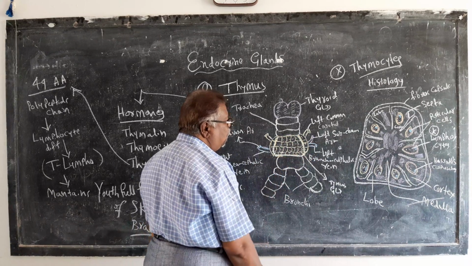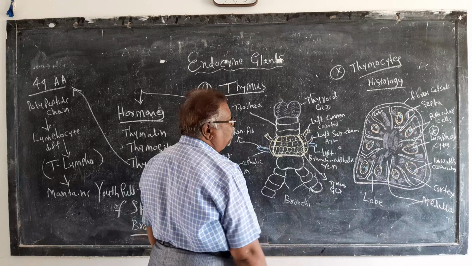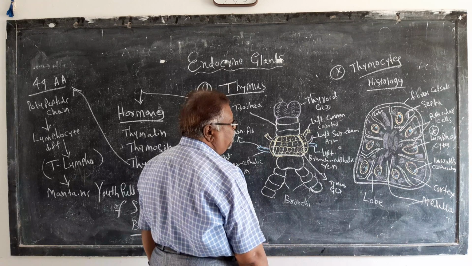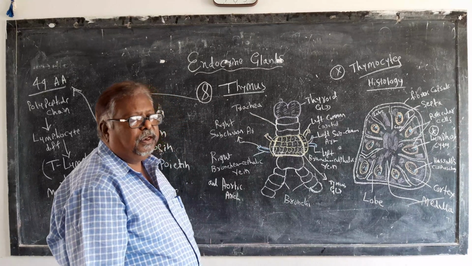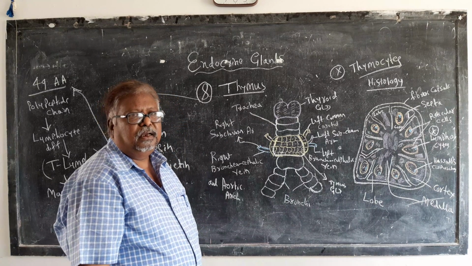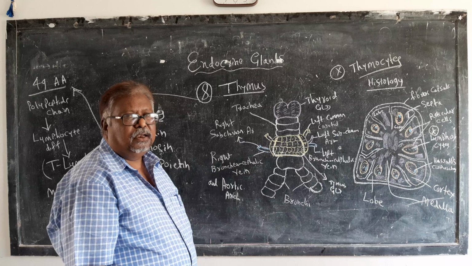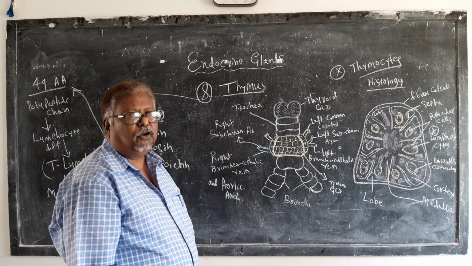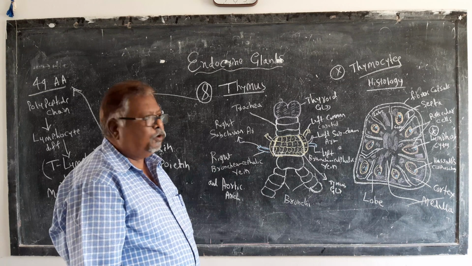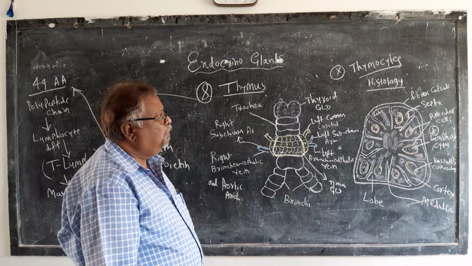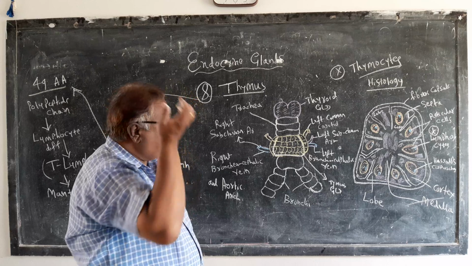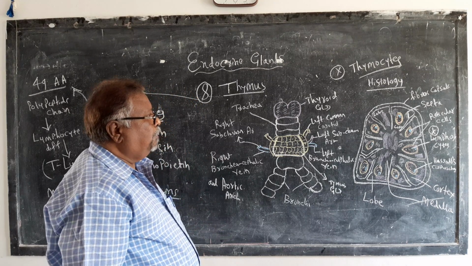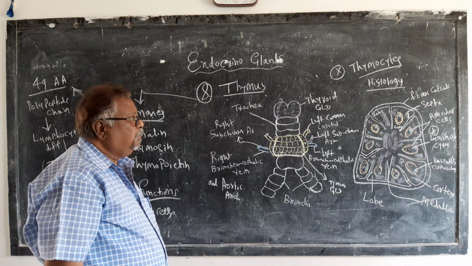It is triangular in shape and has lymphocytes inside, and septa give many lobes inside the gland. So the gland is made up of a number of lobes, which are produced by the septa of the fibrocapsular wall, the outer wall. The septa come inside and divide it into lobes.